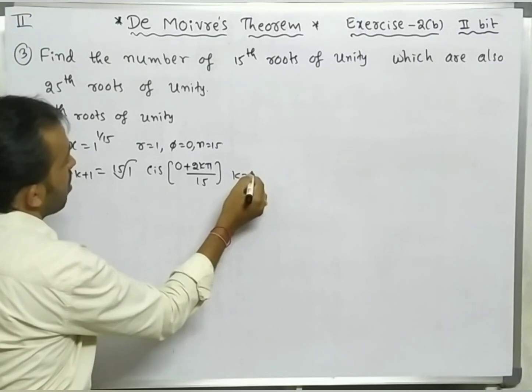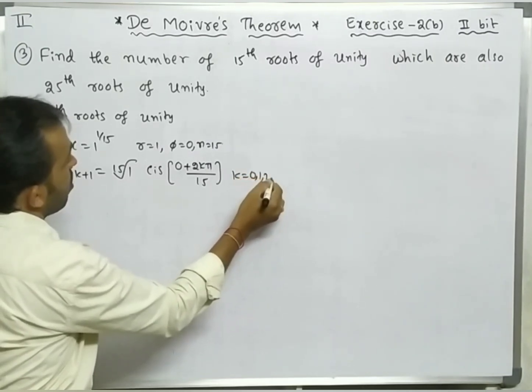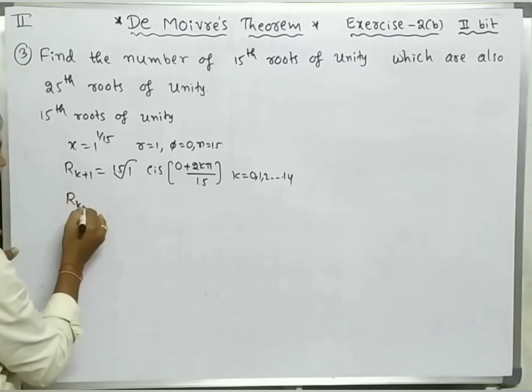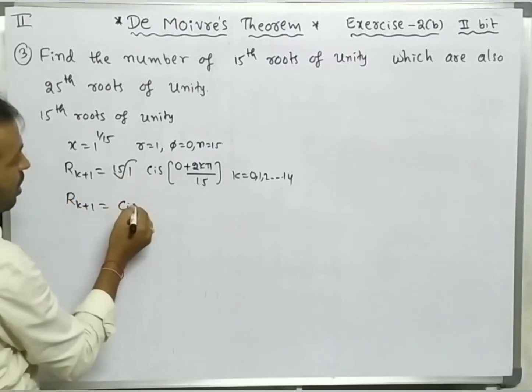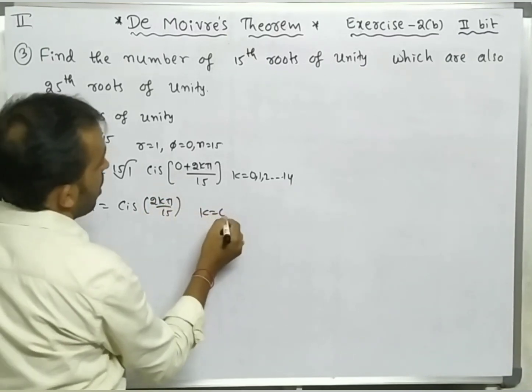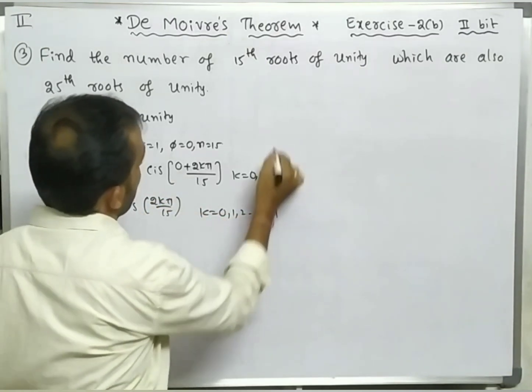Here k is equal to 0, 1, 2, up to 14, right? So finally here r_k plus 1 is equal to cis of 2k pi by 15, k is equal to 0, 1 to 14.